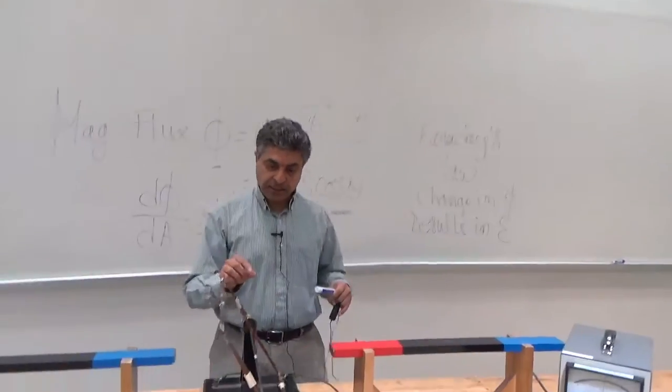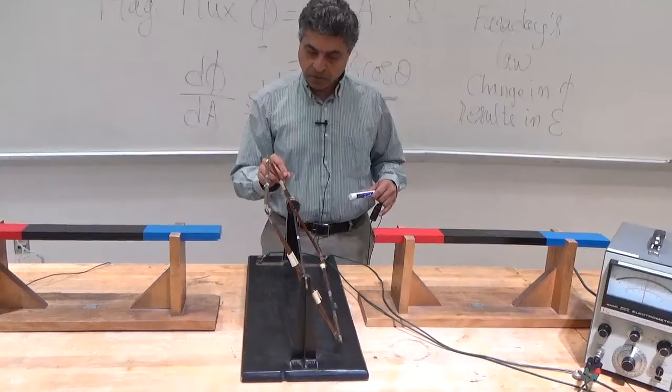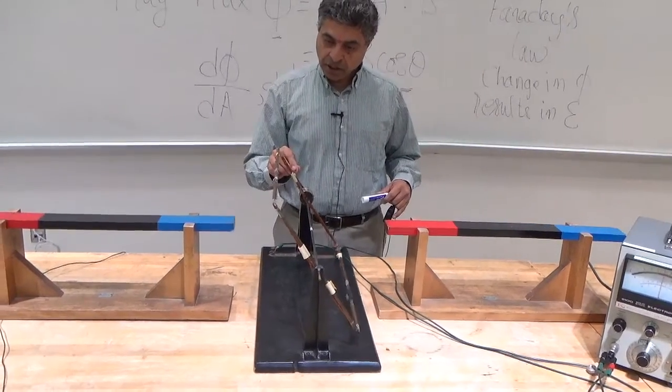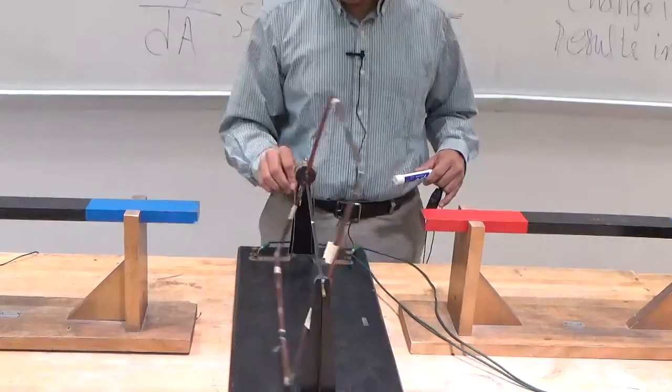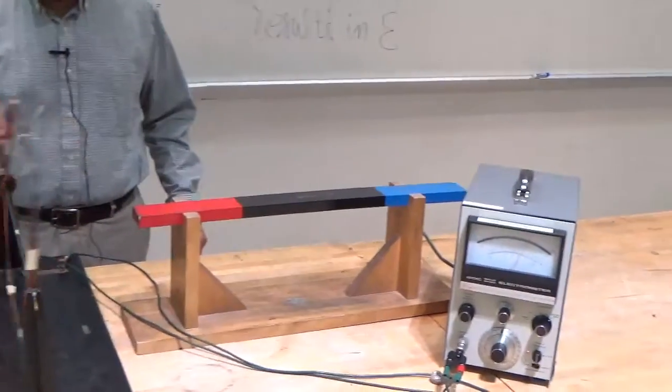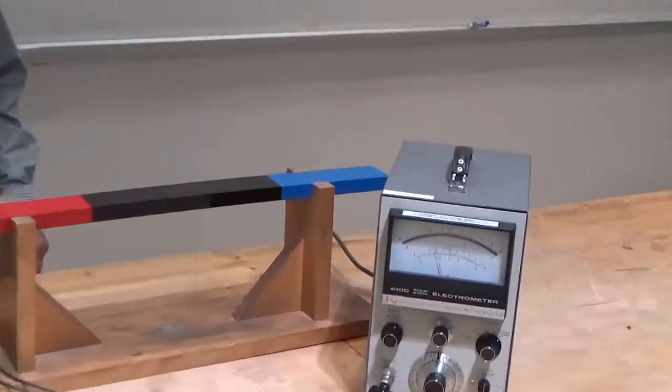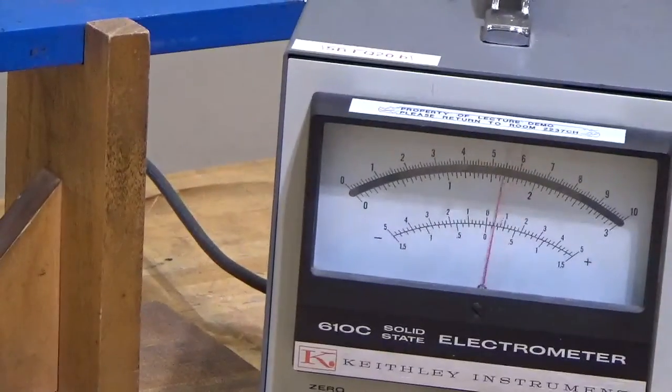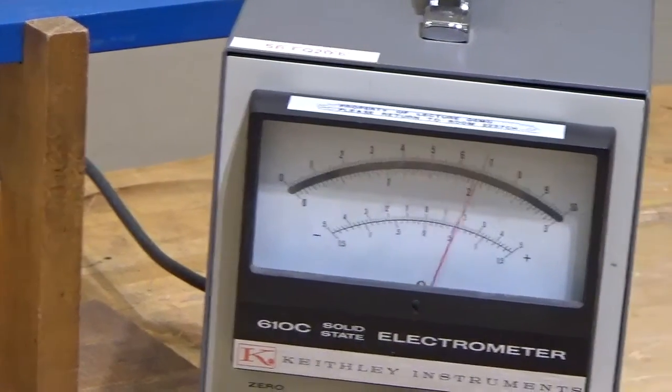So here in this example, what we will do is change the angle. If I'm rotating this continuously, you can see on the meter there that I'm producing a current which is varying sinusoidally, right?